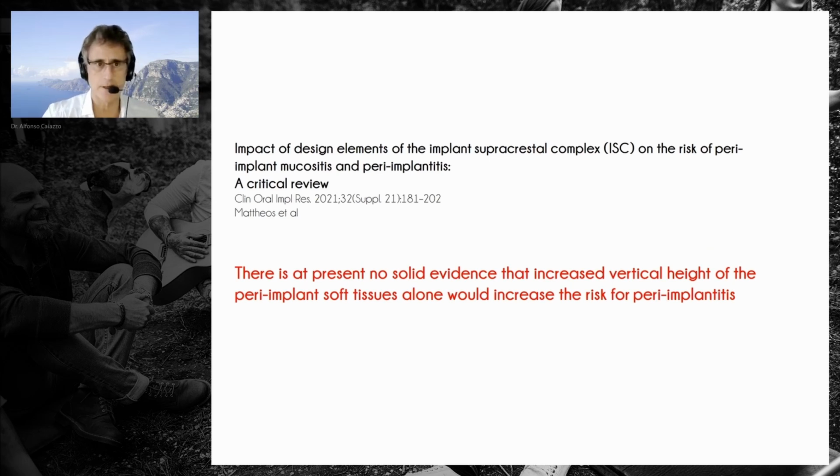And this critical review published in Coir in 2021 states there is at present no solid evidence to say that increasing the vertical height of the peri-implant soft tissues alone would increase the risk of peri-implantitis. So I feel pretty safe in doing what I'm doing because I have literature out there supporting it.